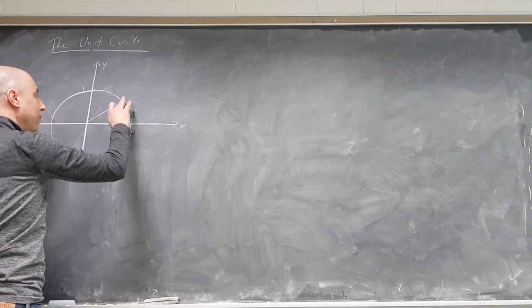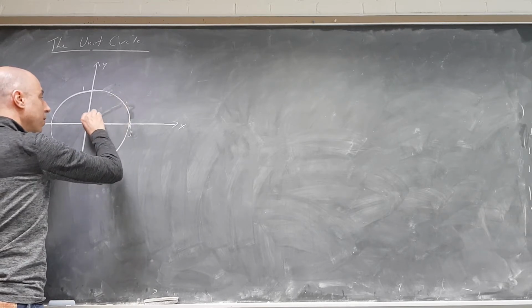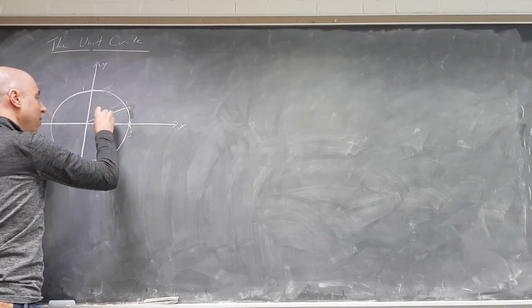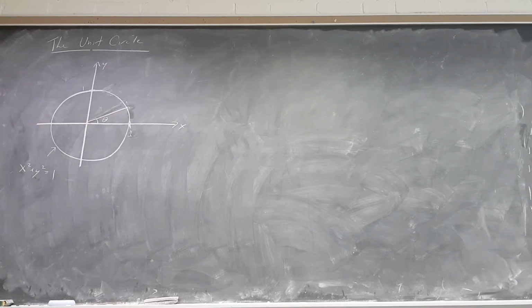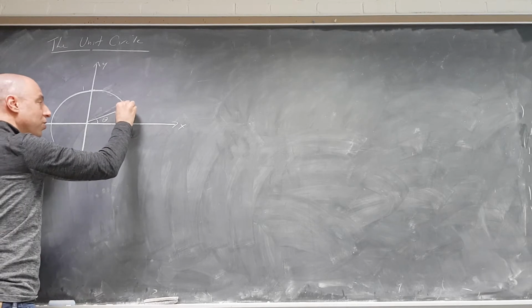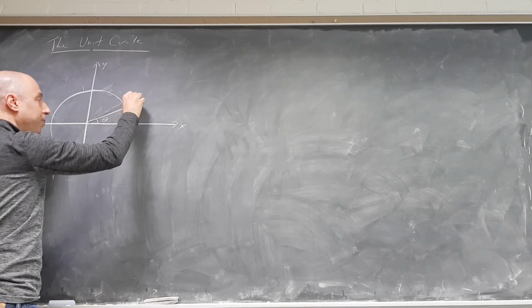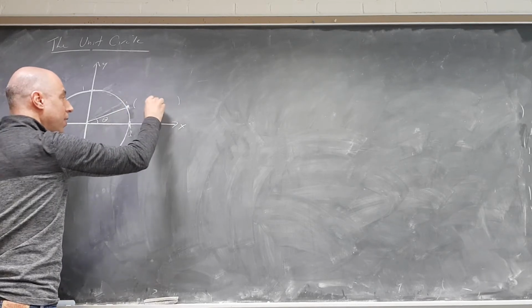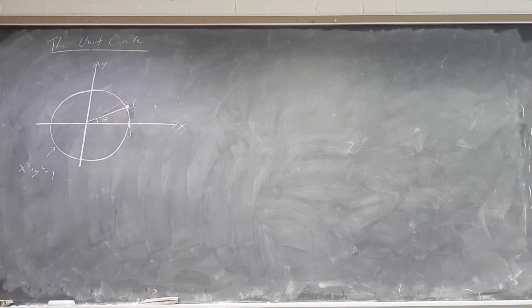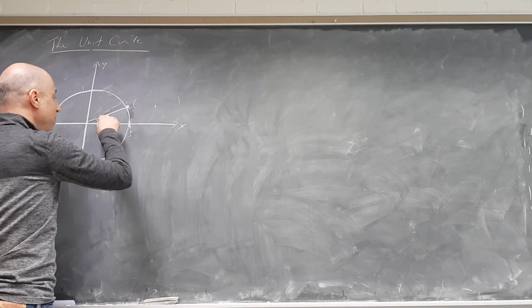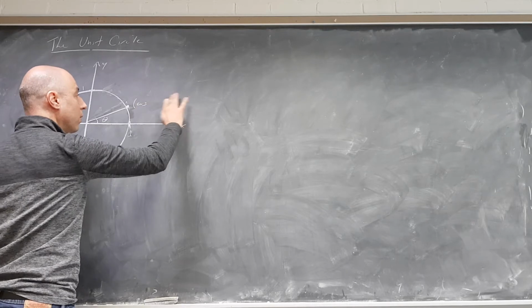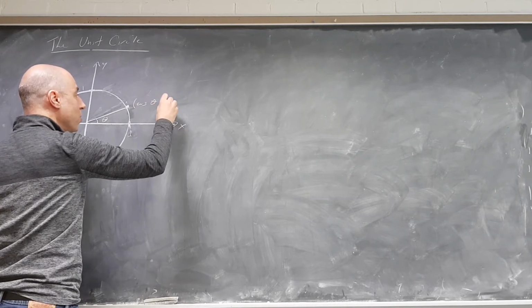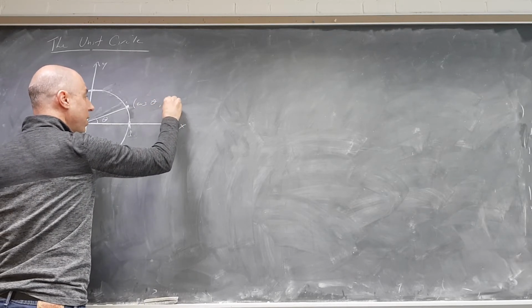We'll call this angle right here theta, and we'll go to the point on the circle right there. It has an x coordinate and a y coordinate. The x coordinate is given by cosine of theta. And the y coordinate is given by sine of theta.